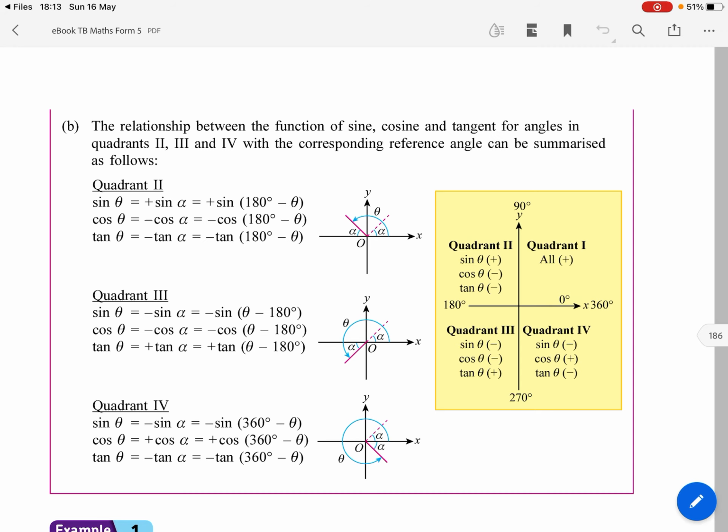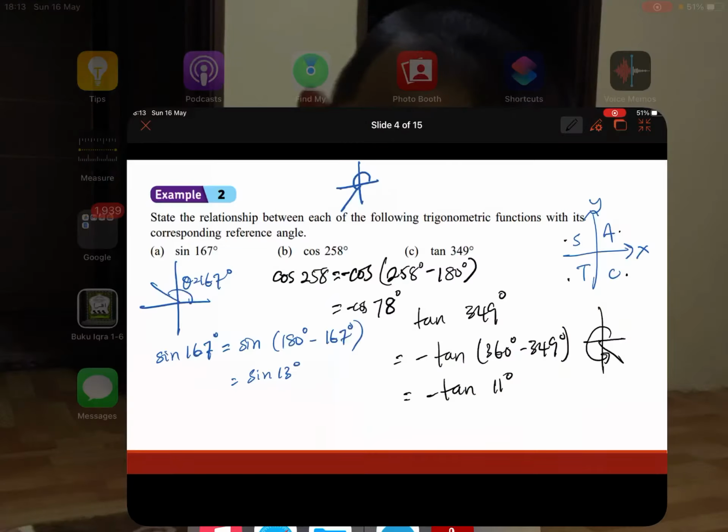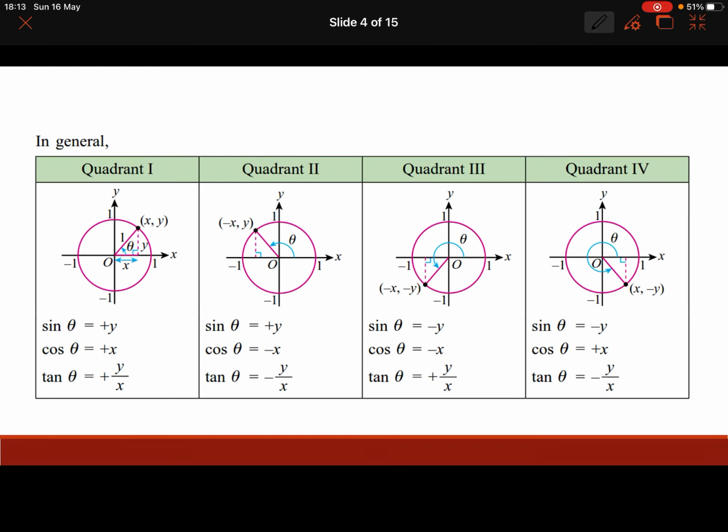So let's get back to the PowerPoint. Okay, this one we can use the coordinates. For example here, in quadrant 1, if you want to calculate the value, sine theta is the y coordinate.